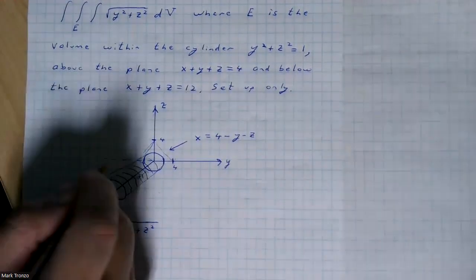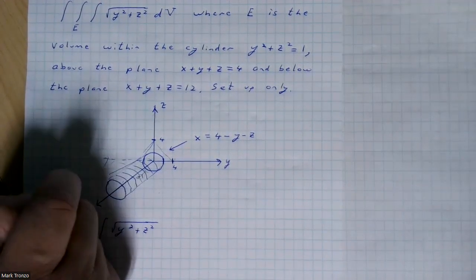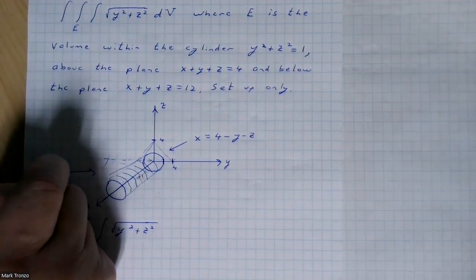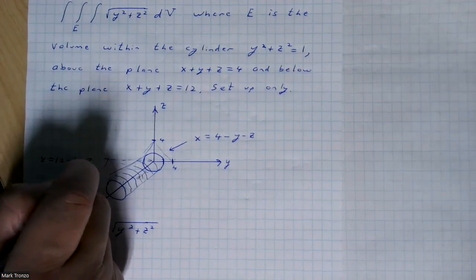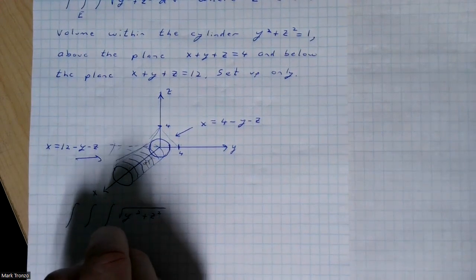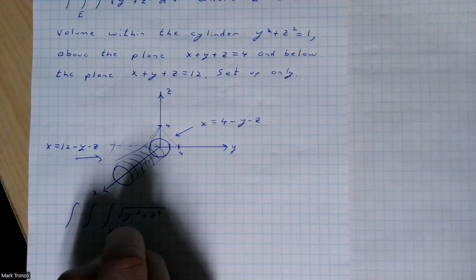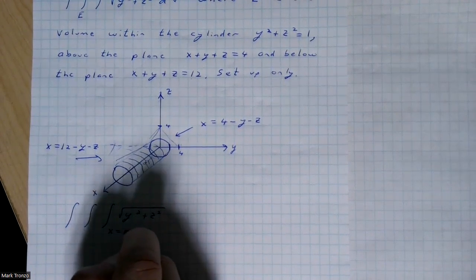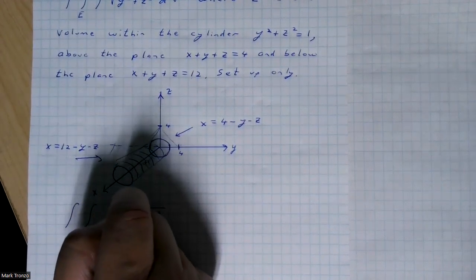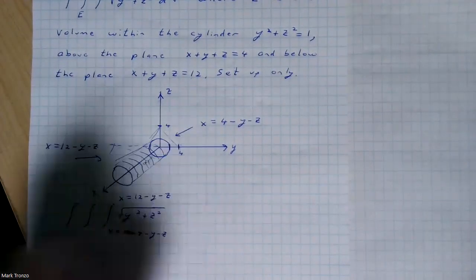And then the upper plane up here somewhere is going to be x equal 12 minus y minus z. So our lower bound is going to be, excuse me, x equal 4 minus y minus z. X equal 12 minus y minus z will be the upper bound.